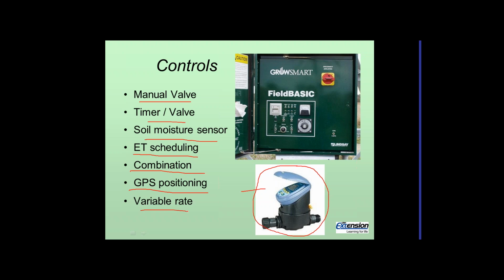Typically where variable rate application works the best is where you have lots of variation in the soil types. Here in Wisconsin, we typically irrigate sand soils, so we may have a couple different types of sand in that field, but typically the water holding capacity is pretty darn close between them, so we're not going to necessarily gain a lot out of variable rate.